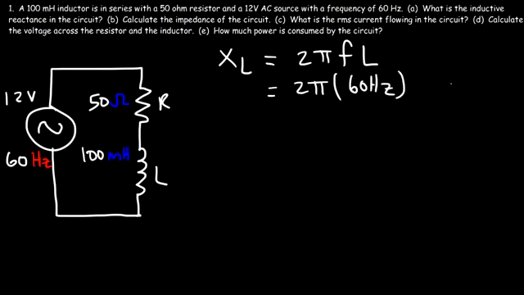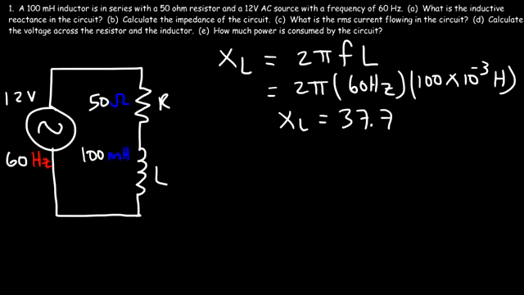The inductance is 100 millihenries, or 100 times 10 to the minus 3 henries. Milli is 10 to the minus 3, micro is 10 to the minus 6. So the inductive reactance is 37.7 ohms.